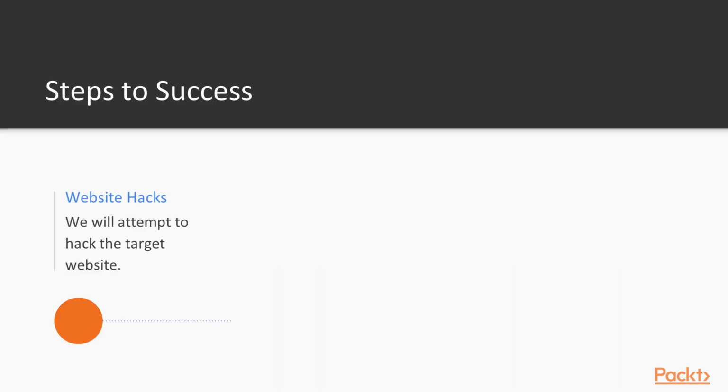Steps to success. If you have seen any of my previous work, then you'll know I try to put everything into a 3-step pattern. So the first step we need to do is exploit our website. We're going to do this by doing some website hacks. And this is where we'll attempt to hack the target website. Search for vulnerabilities, weaknesses, and just basically information to help us out.